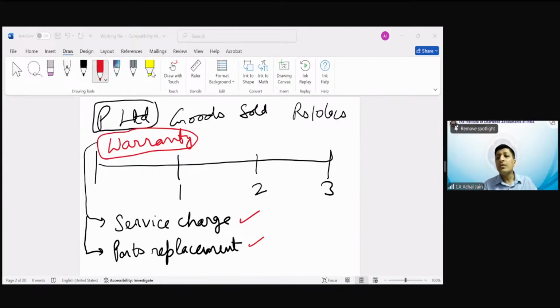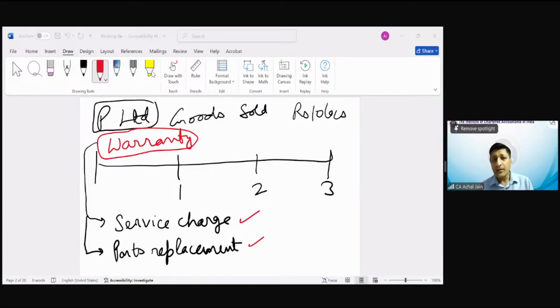You will have to estimate that. Yes or no? That estimation will be required. So this is a case of a provision.